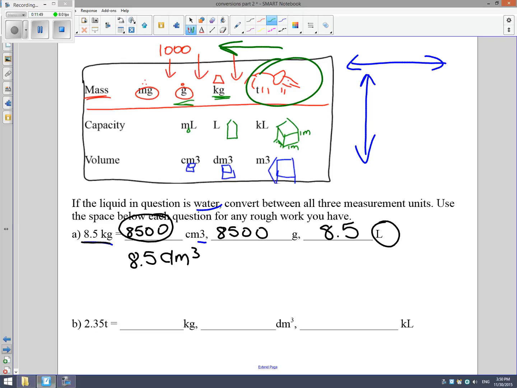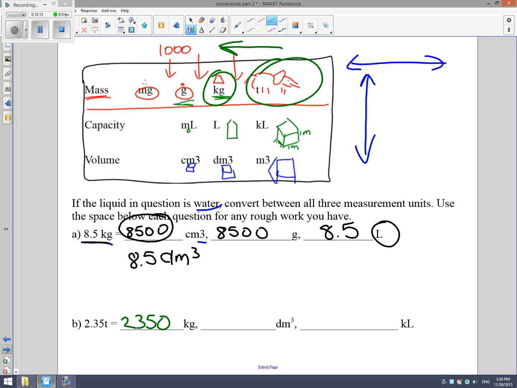If you have 2.35 tons, and there are 1,000 kilograms in 1 ton, obviously this is going to be a multiplication question, and we're going to multiply this by 1,000, which would make this 2,350 kilograms. So now we're right here.